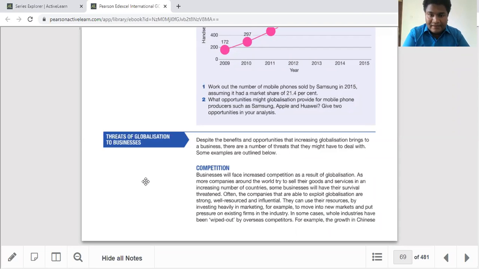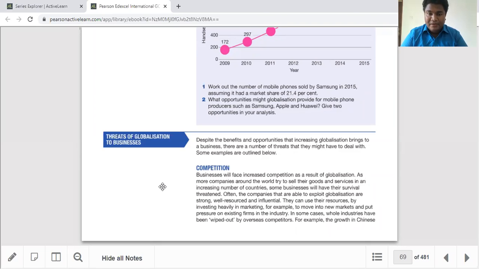As a result of globalization, more companies around the world try to sell their goods and services in an increasing number of countries. Some businesses will have their survival threatened. The companies that are able to exploit globalization are strong, well-resourced, and influential businesses, as mentioned in the case study. They can use their resources by investing heavily in marketing.